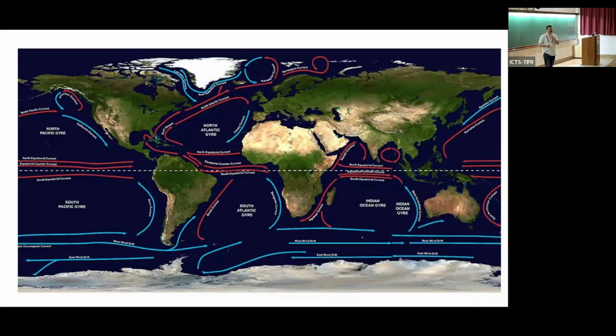We found that the reason lies with the Southern Ocean. Not only is the South Indian Ocean connected to the Pacific through the ITF, but this region is also well connected to the South Indian Ocean. This is a schematic showing the subtropical gyres of the South Indian Ocean, the Pacific, which got cut, and then the Atlantic Ocean. These subtropical gyres are connected by the ACC, the Antarctic Circumpolar Current, driven by the westerlies.